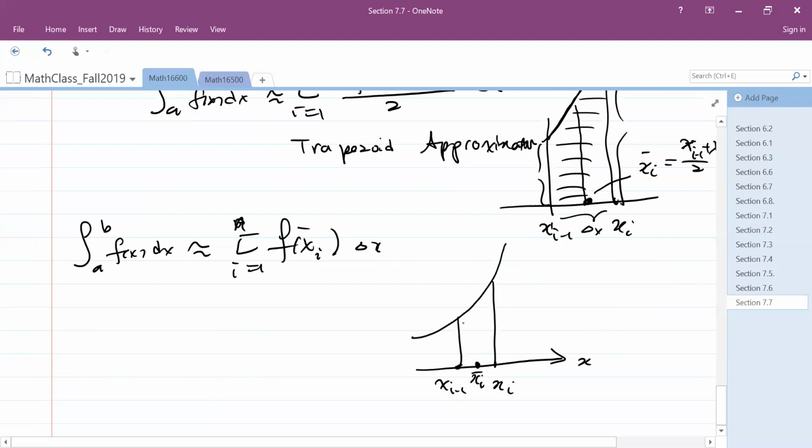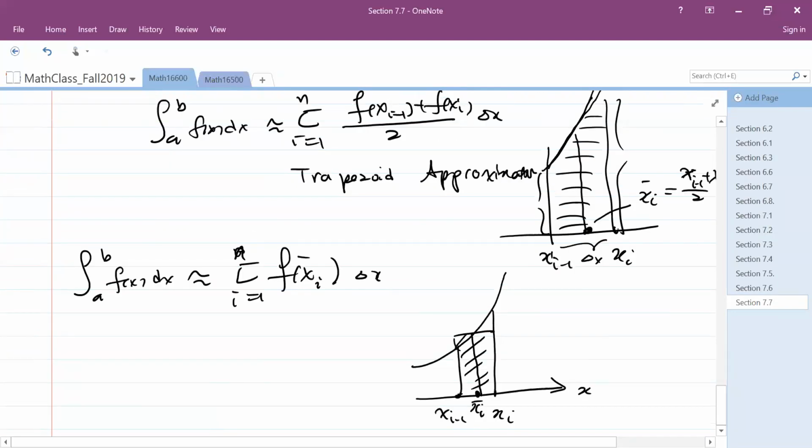So the product actually is the area of this rectangle, and there are two parts. One is a triangle on the top, not an exact triangle. If the curve is a straight line, then it's the same. If the curve is not a straight line, there's still a small error there. So this should also be a better approximation than the left hand point approximation or the right hand point approximation.